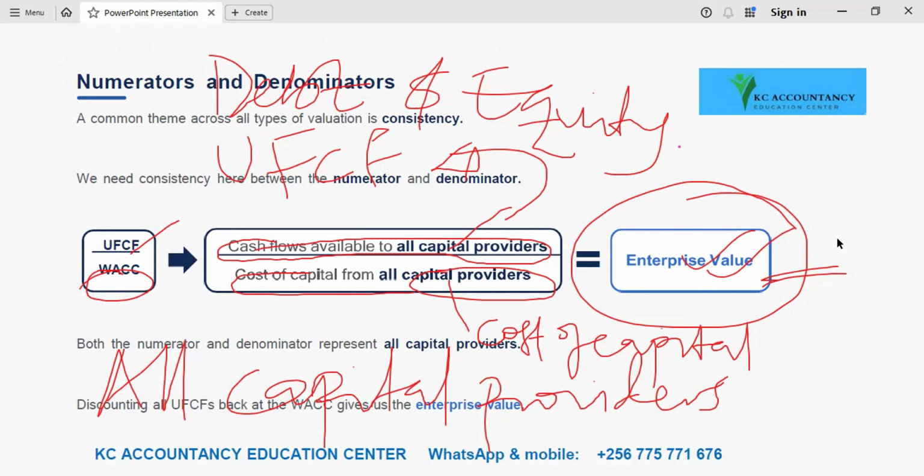But if we are going to model out cash flows, one of the things we need to contemplate is exactly how long we are going to forecast in our model.